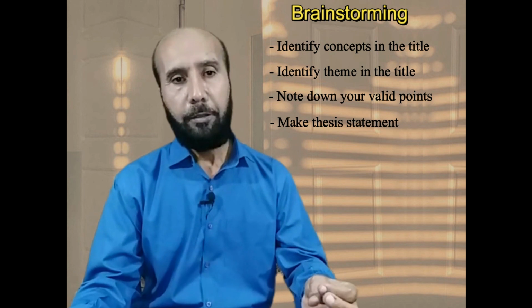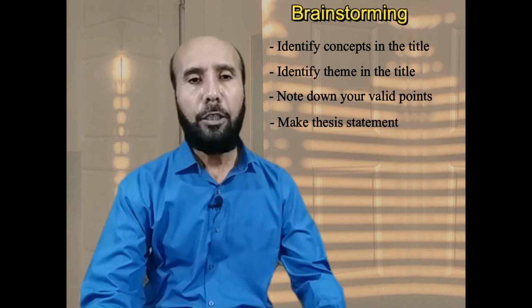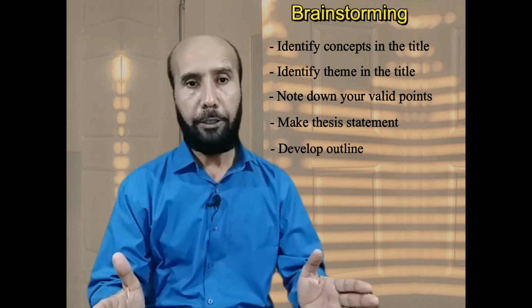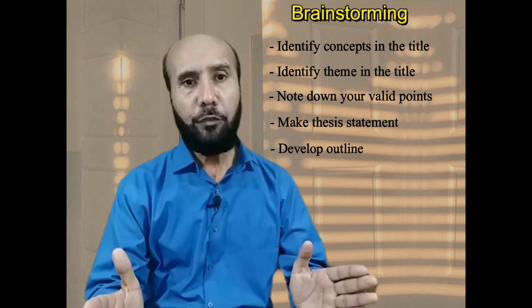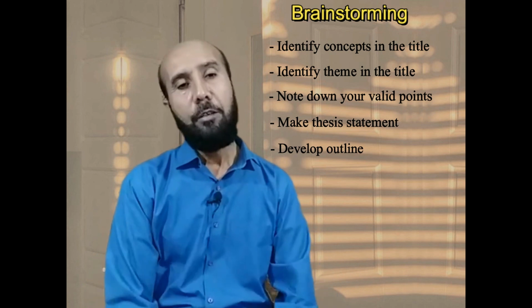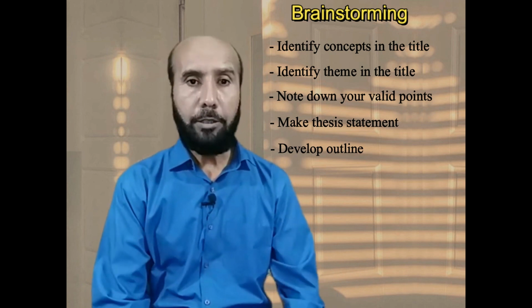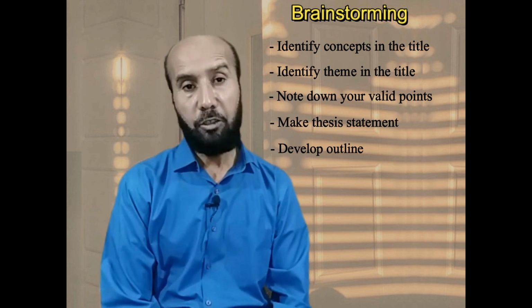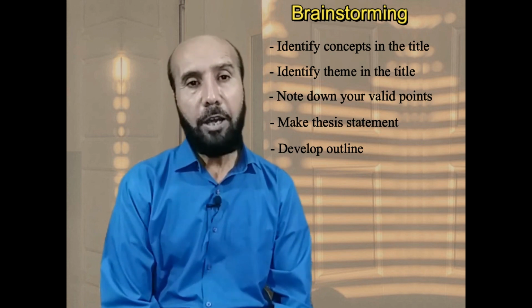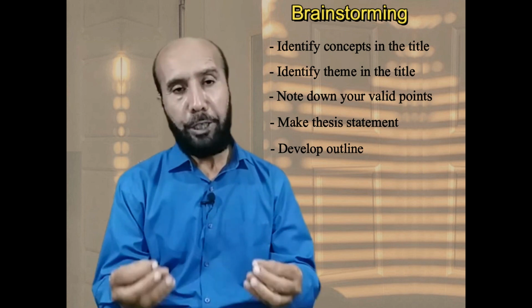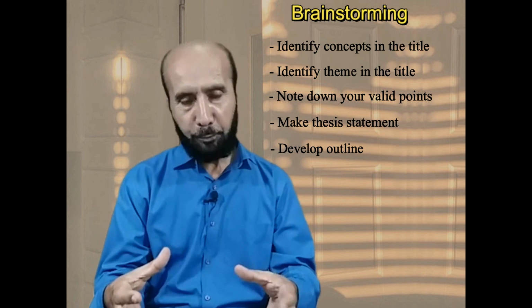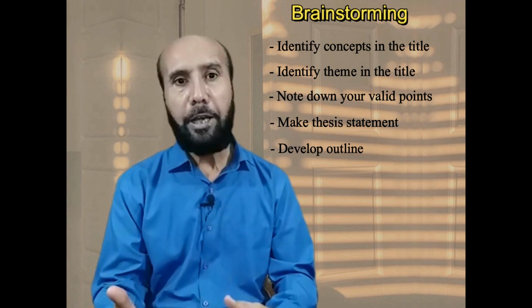And the last thing in the brainstorming stage is the development of an outline. You have valid points with you, you have taken a position or a claim or developed a thesis statement. Now, keeping in view your thesis statement, try to arrange your valid points in a way that substantiates your claim. That will help you eventually develop an outline.